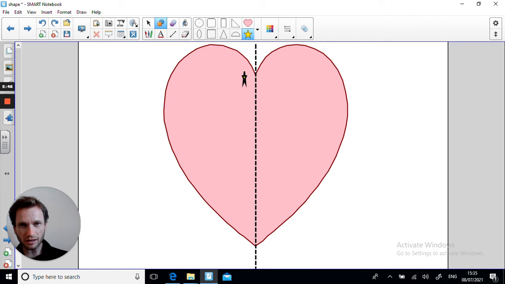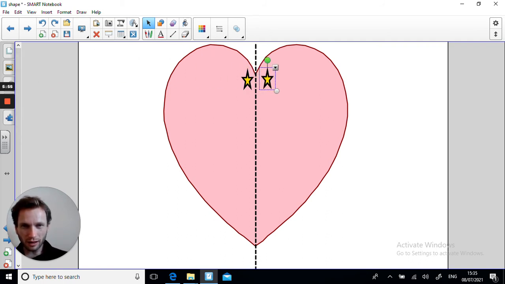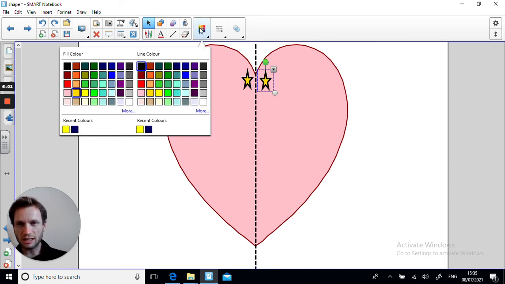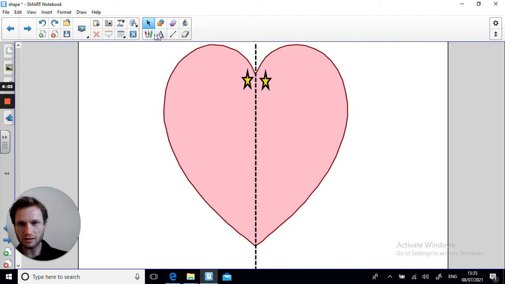How about these stars? This star is nice. So I could put a star on this side, and then I put a star in on the other side. Imagine it is being reflected on the other side. Whatever is on one side needs to appear on the other side. So maybe I just do a nice green sort of circle over here.